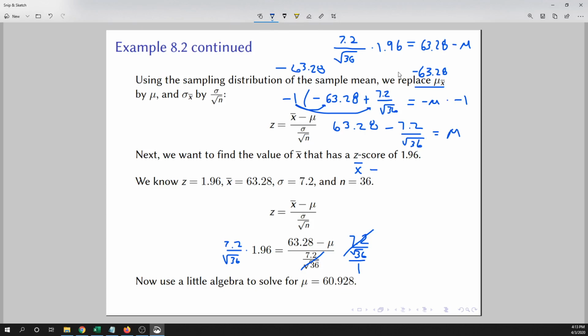I forgot to tag the times 1.96, sorry. So this part over here is the margin of error.